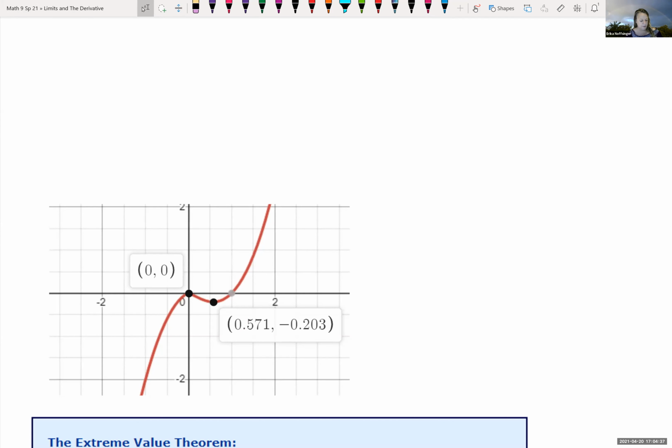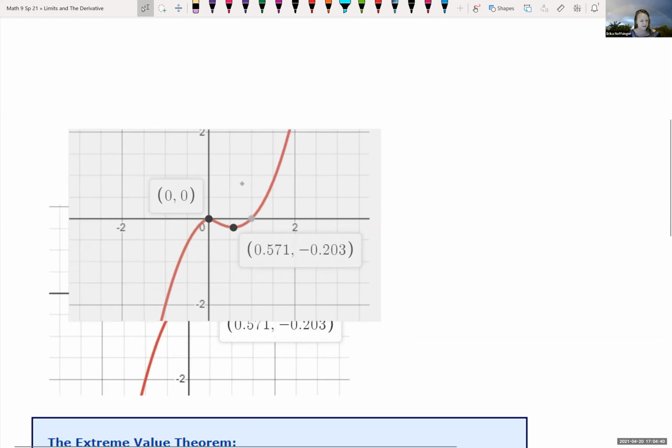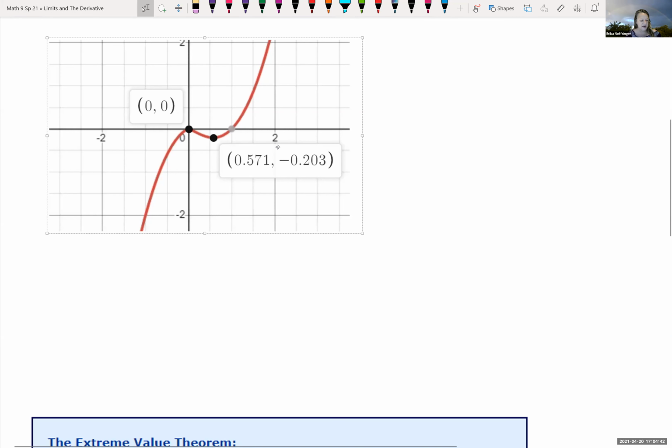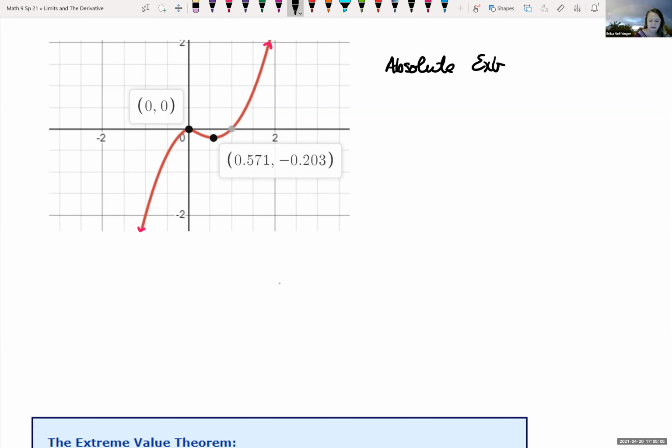Looking at the example right here, here's a graph. Say it asked us to find the absolute max and absolute mins of this graph, and let's assume the picture is extending. Find your absolute extrema, which is just plural, saying we're going to find your absolute maximum and absolute minimum value.